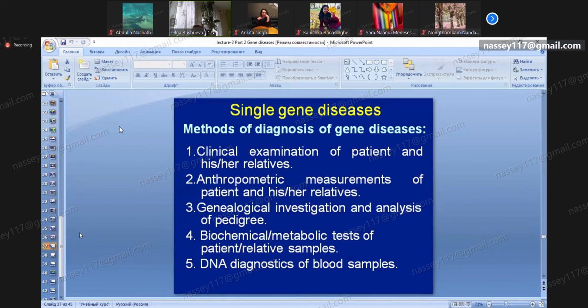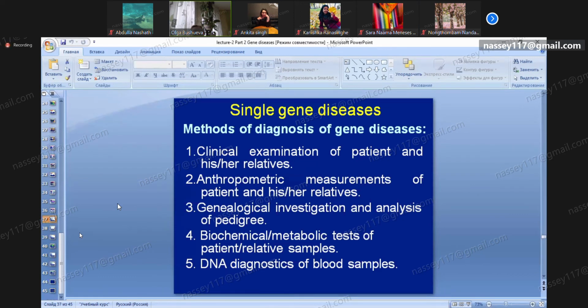What are the main methods for diagnostics of singleton disorders? So, first one is clinical examination of patients and their relatives. Second one is anthropometric measurement of patients and their relatives.